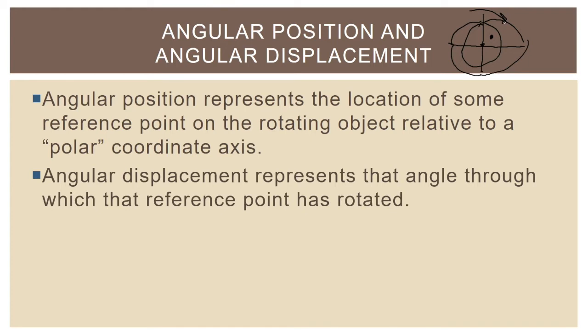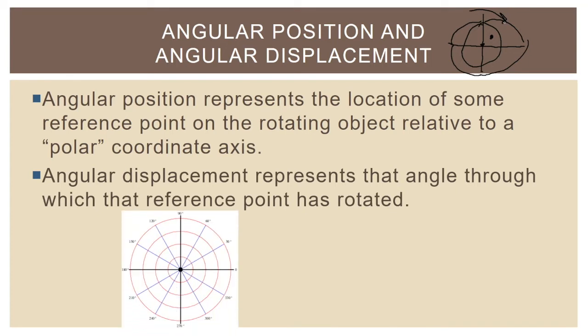And so to be clear about what I mean by some polar coordinate axis, basically what we have is a pretty similar XY system here, but instead of labeling the X and Y axes in meters like we usually do, now we're labeling them with angles, with 0 degrees here, 90 degrees here, 180 degrees here, 270 degrees here, and then when we get back over here, we have 360 degrees. So this object, this red line right here, let's say this is an object, like a disk, and it's rotating. And let's say it's rotating this way, clockwise.